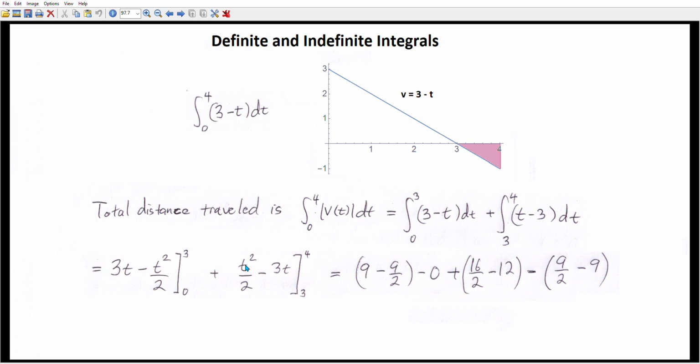At 4, you're getting 16 over 2 minus 12. And at 3, you're getting 9 halves minus 9. You go ahead and do the algebra, and you end up with the total distance traveled, 5, which you'll notice is different than the net displacement, which was 4.